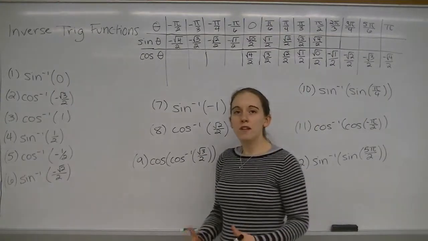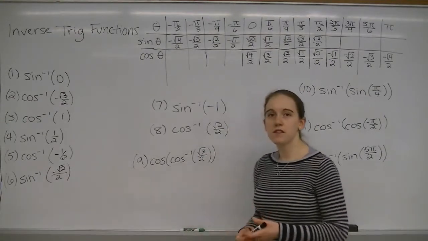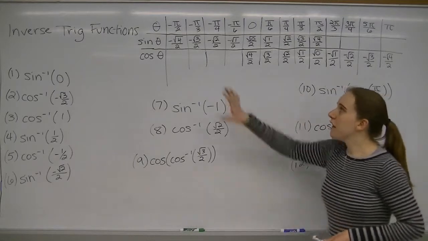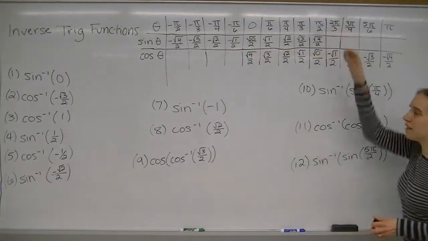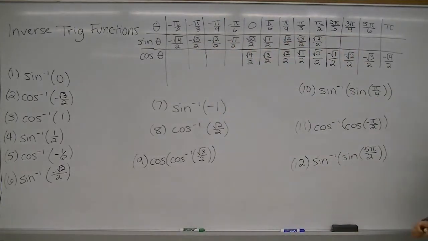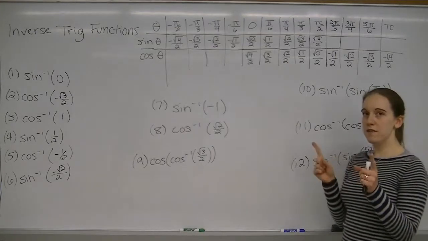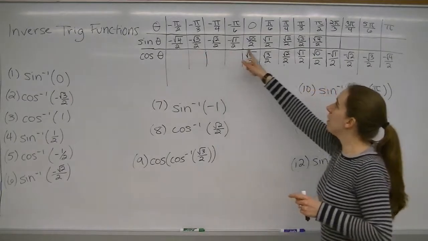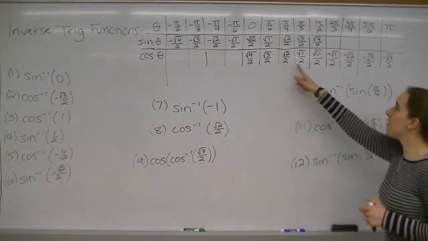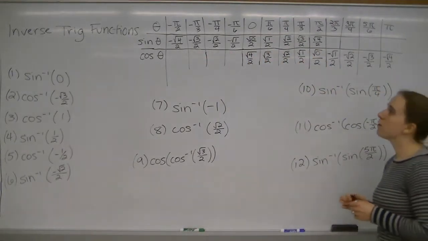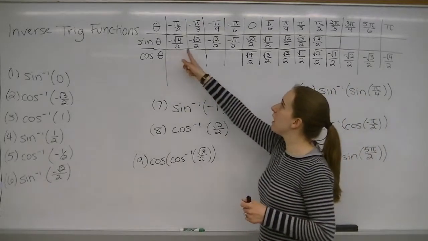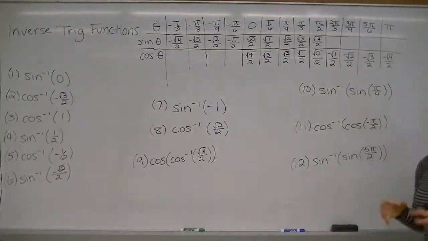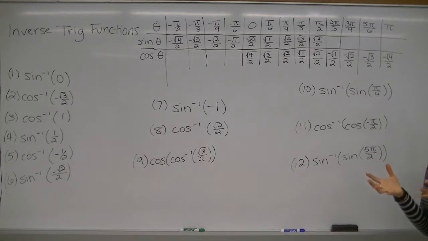Now let's do a whole bunch of examples with inverse trig functions. Notice I've already written my chart up here, and this is half the battle for these problems. Notice specifically that I've restricted what I've put into sine, and I've restricted what I've put into cosine. I've restricted the values of sine that I've used to the restriction of the domain of sine for when I take the inverse.